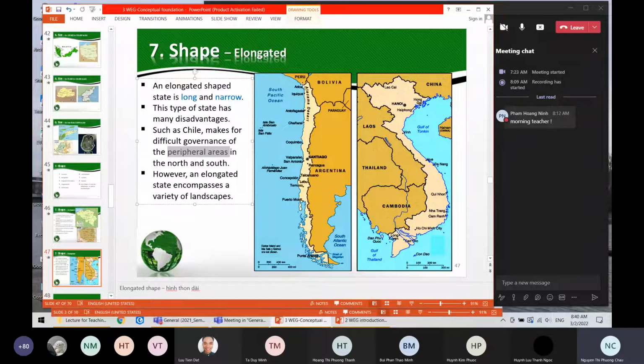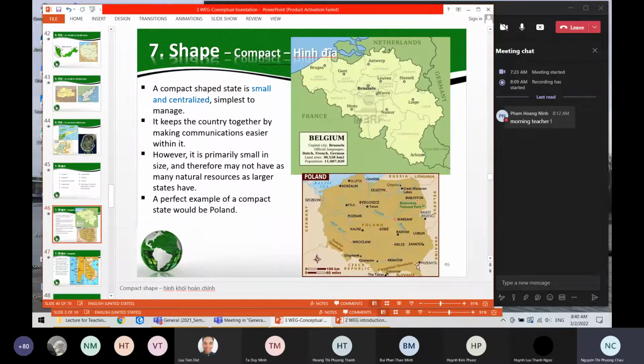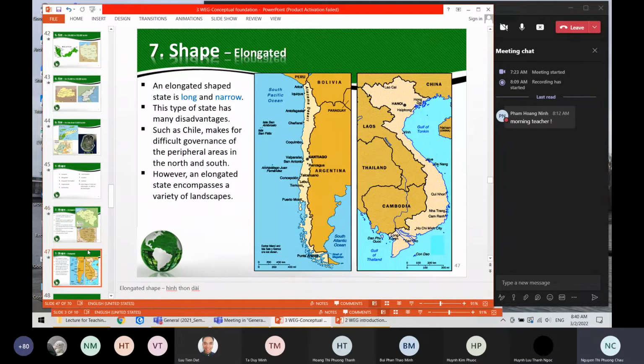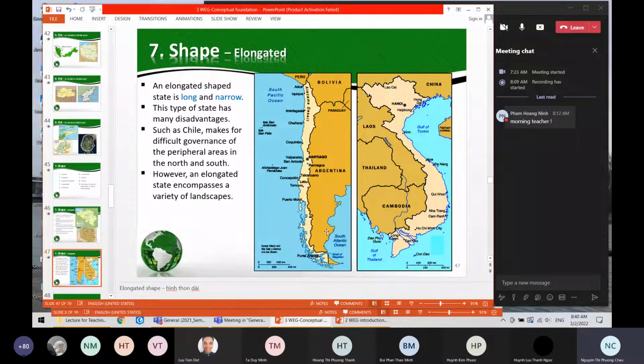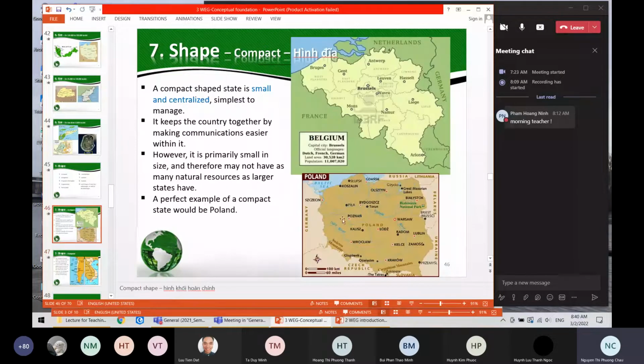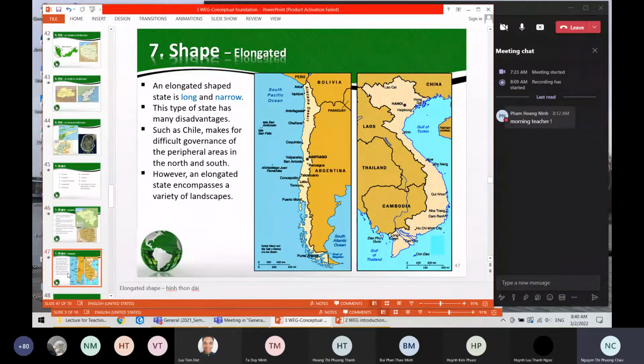Because you see, from the north to the south, it's very far distant, but with compact, it's a short distance. So it seems like the advantages of compact shape can be disadvantages of elongate, and the disadvantages of compact can be advantages of elongate.